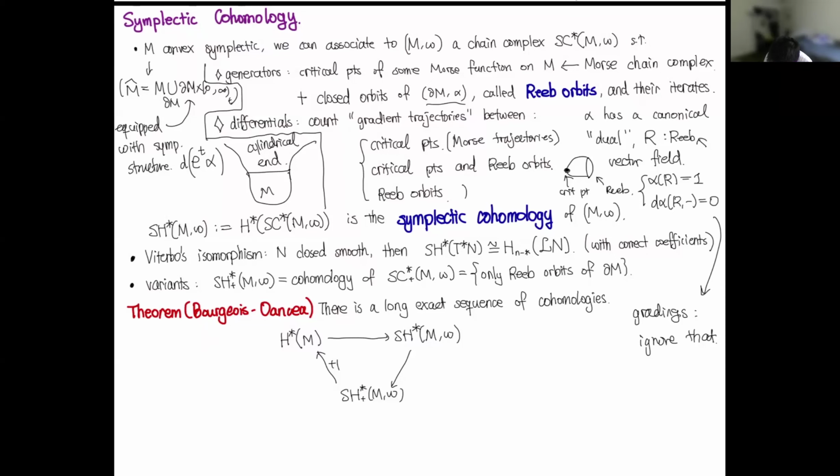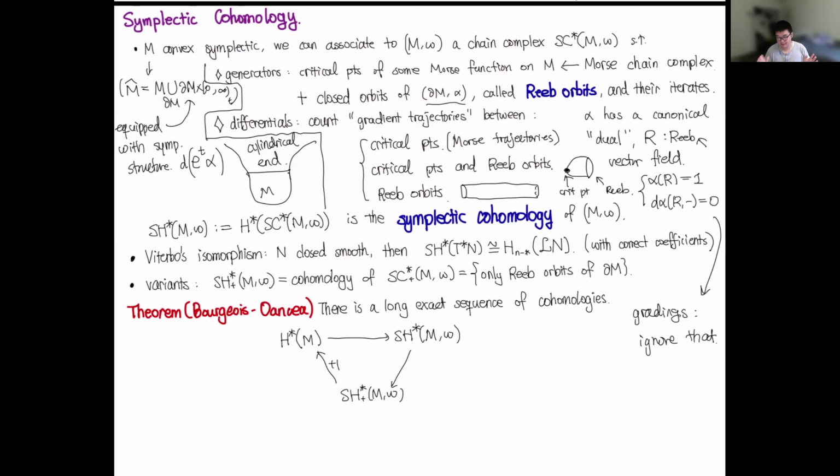And the final thing is just Reeb orbits, which are just cylinders, where at the two ends they are Reeb orbits. And the whole Floer theory is designed to make sense of these counts.